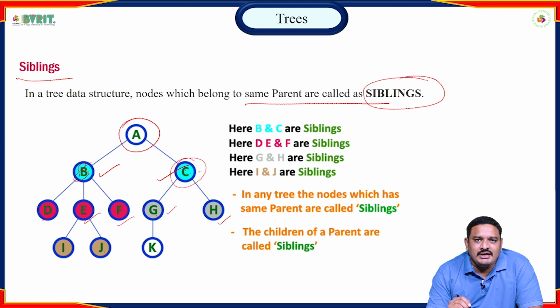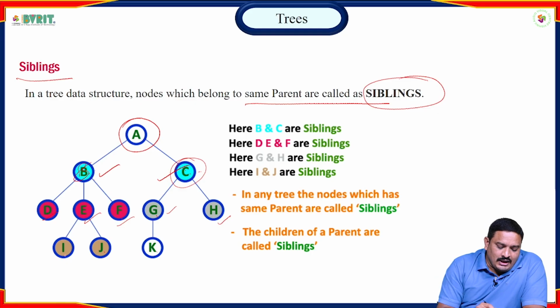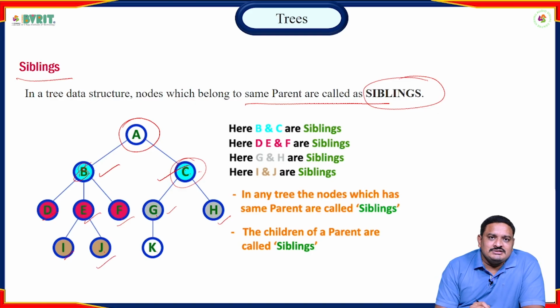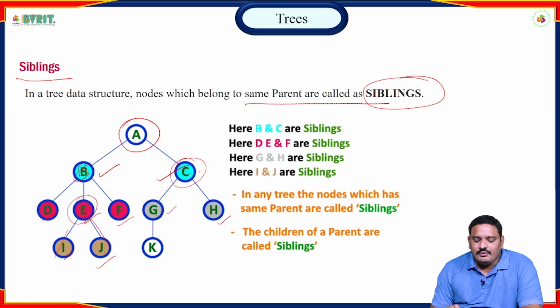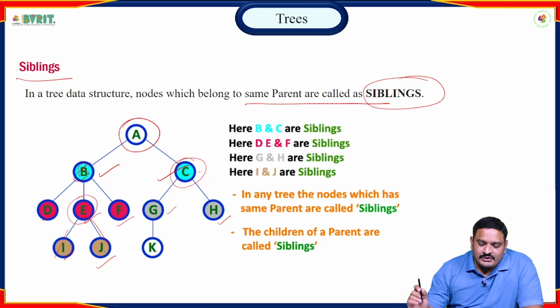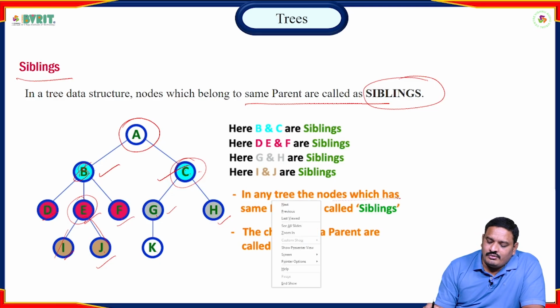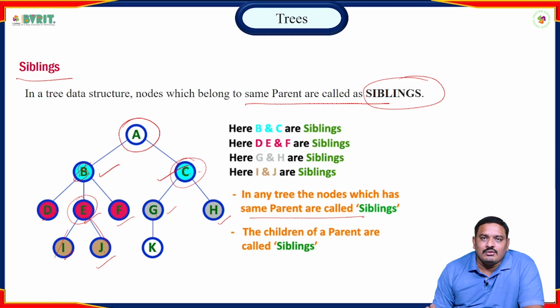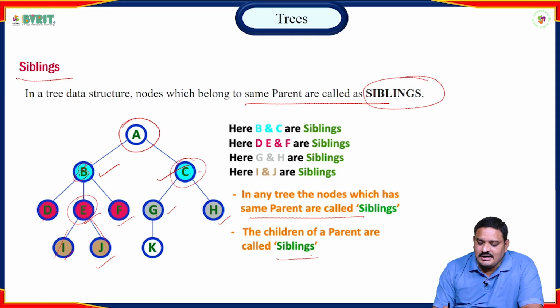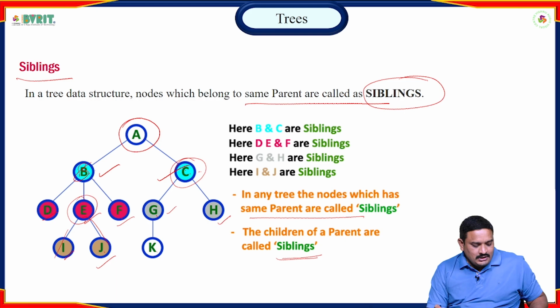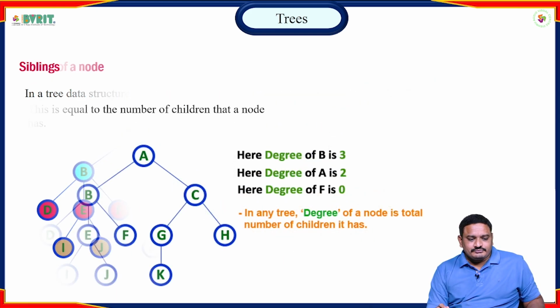That parent node is C. Next, I and J are siblings because E is the parent node of I and J. So these are the different sibling nodes. In any tree, nodes which have the same parent node are called siblings. The children of a parent are called siblings. Okay, that is the definition of the sibling node.